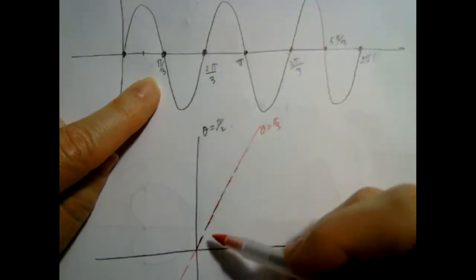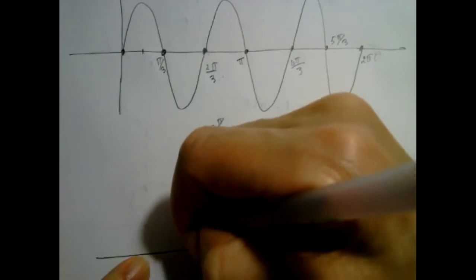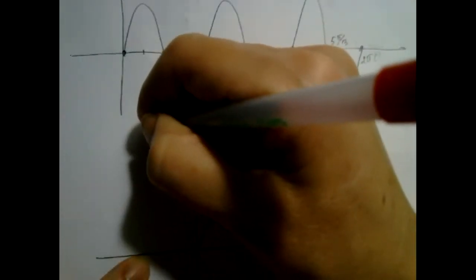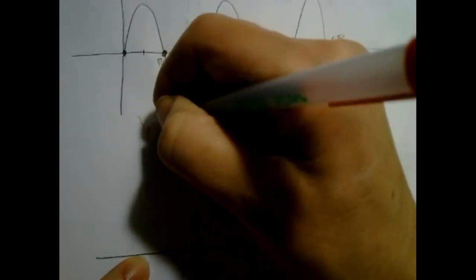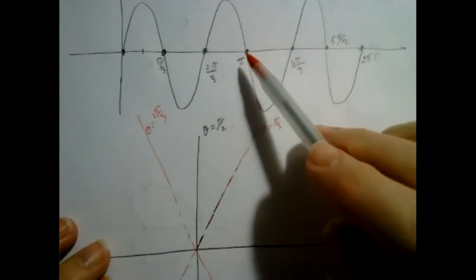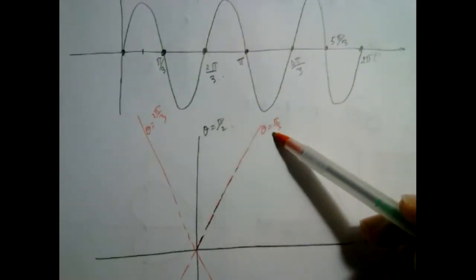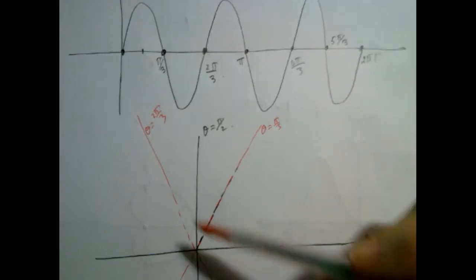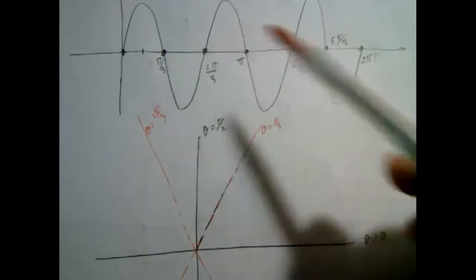Another place is 2 pi over 3, which is right there. Those give us a good limit for our theta. Now 4 pi over 3 is going to be the same line as pi over 3 because you're just adding a pi, and 5 pi over 3 is the same as 2 pi over 3 because you're adding a pi.